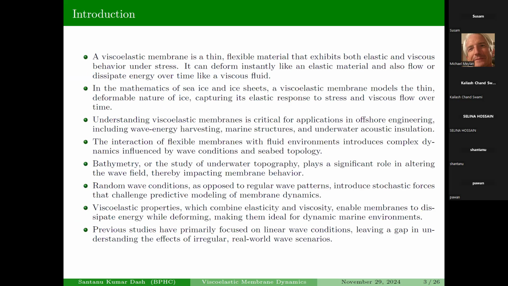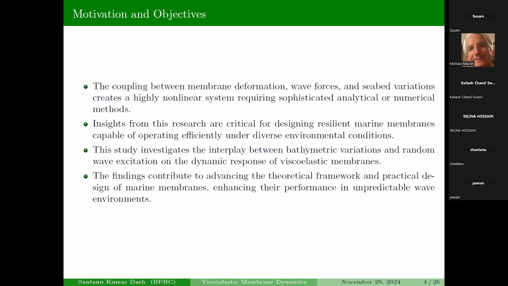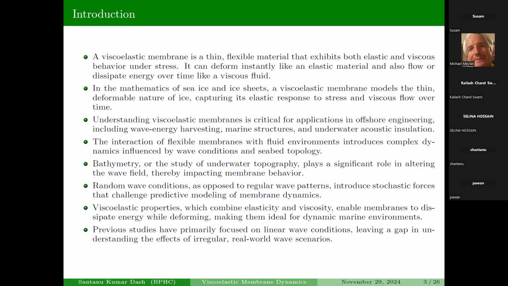Viscoelastic membranes are thin, flexible materials that exhibit both elastic and viscous behavior under stress. One of the key advantages is that they can deform instantly like an elastic material, and also dissipate energy like a viscous fluid.